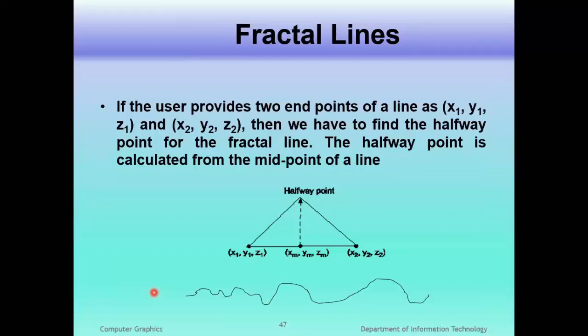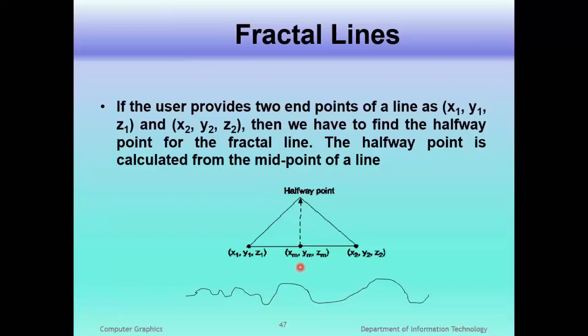To generate the fractal line, we have to perform the following steps. If the user provides two endpoints of a line as shown in the figure, first point x1 y1 z1 and second point x2 y2 z2, then we have to find the halfway point for the fractal line.